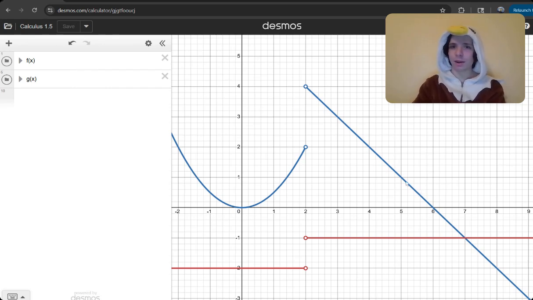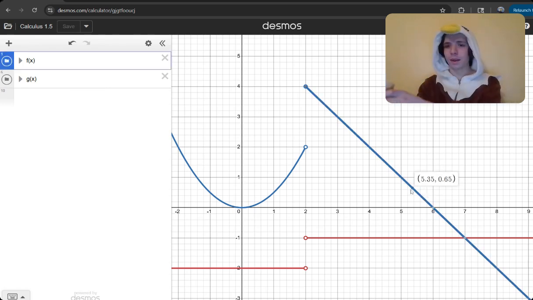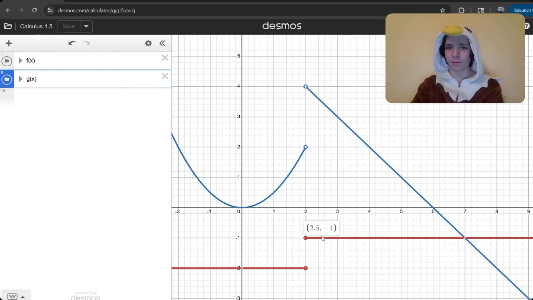Now limit from the right, f of x is this nice straight line right here, and it's going up and up and up. It's getting really close to 4. And g of x, you have this line down here, staying pretty consistent at -1. So you're going to say that limit's -1.